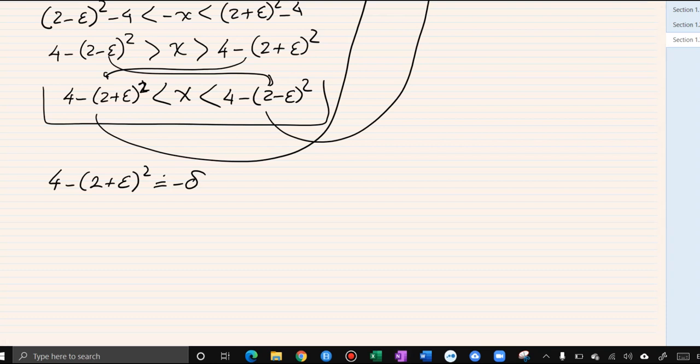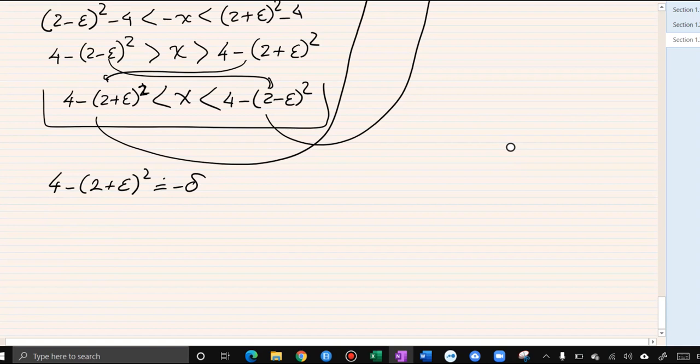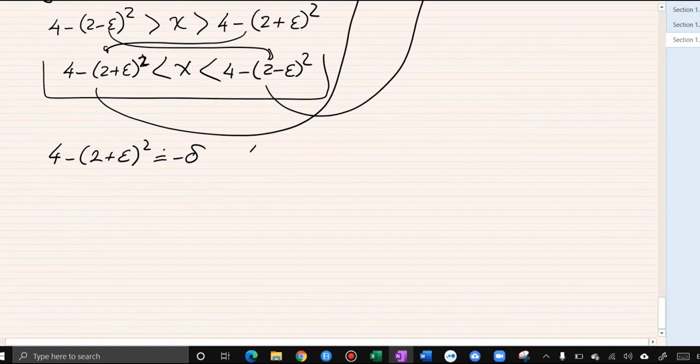Okay, and then the upper part, let me see, the upper part was delta, right? So it's going to be 4 minus (2 minus epsilon) squared equal to the upper part of the delta tolerance. So lower, lower, upper, upper. And then we're going to solve for delta here, right? So how do we solve for delta?